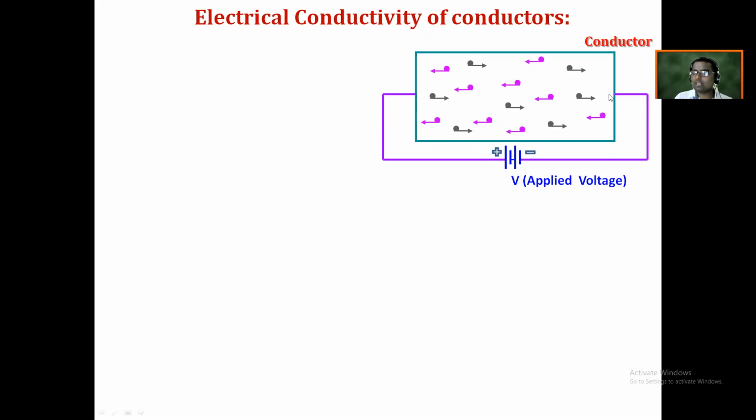So the electrons always try to move. Now this pink color is nothing but the movement of free electrons. Electrons always try to move from the negative end towards the positive end. And when there is a movement of free electrons, we say that current flows through the circuit. So this is the direction of the current.